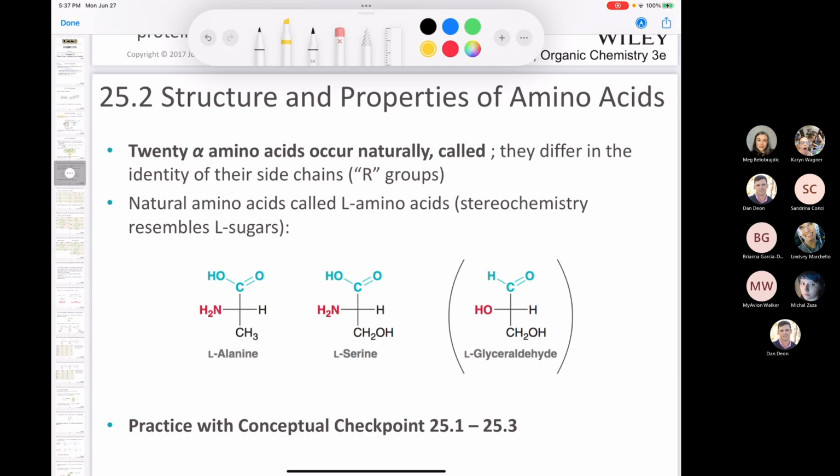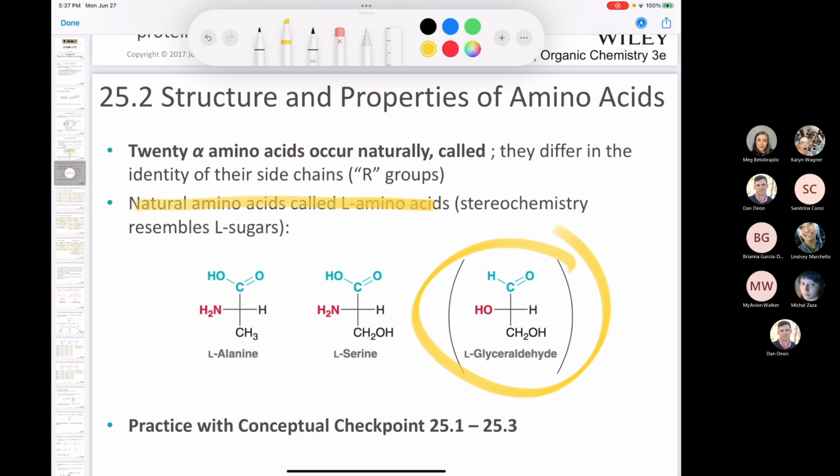Now, if you're wondering why we always talk about L amino acids, it's because the naturally occurring amino acids are the L amino acids. They're based off of L-glyceraldehyde, where the L actually stands for levorotatory.